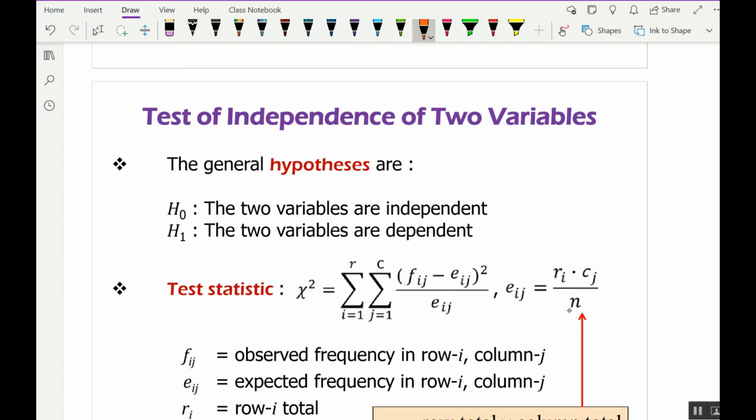The hypothesis of this chi-square test. The general hypotheses are: H null, the two variables are independent, because again, from the basic definition of this chi-square testing, we want to measure to infer whether the two categorical variables are related or not, right? So related means depending on each other. So of course the H alternative will state that the two variables are dependent.